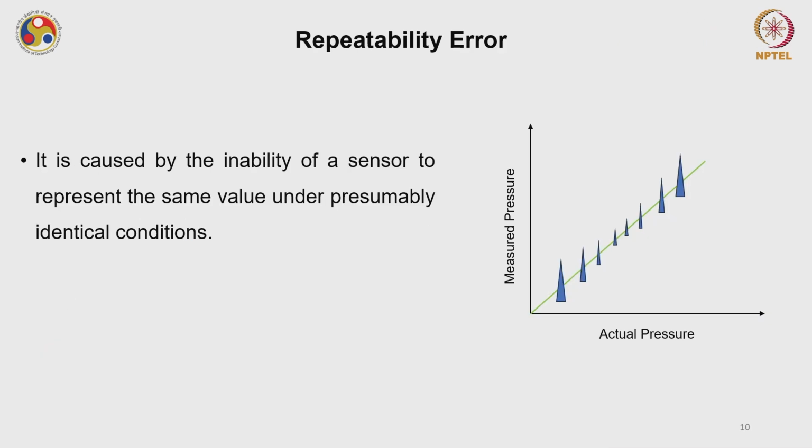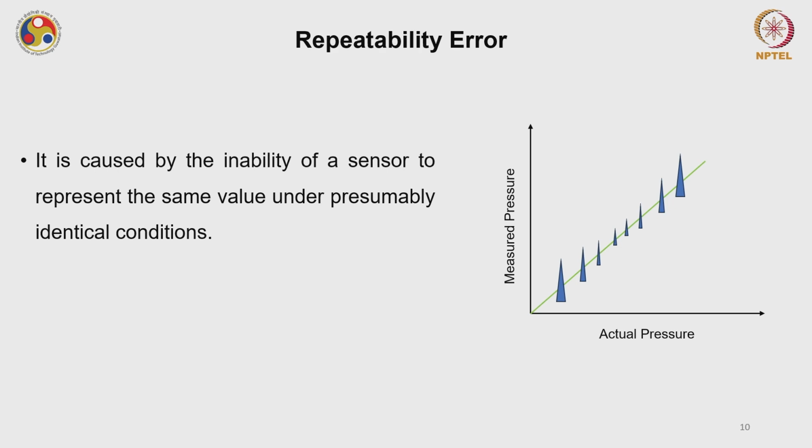With repeatability, we have another terminology, which is repeatability error. It is caused by the inability of a sensor to represent the same value under presumably identical conditions, as you have seen with the example of cycle 1, cycle 2 and cycle 3. The error is represented by some plus minus values.